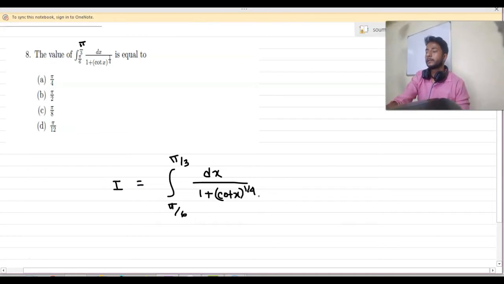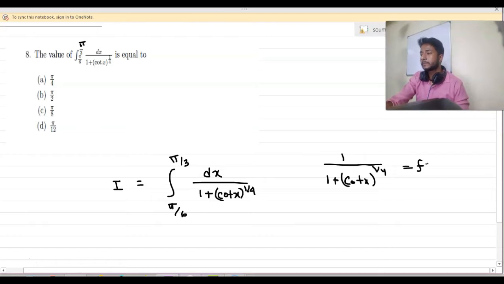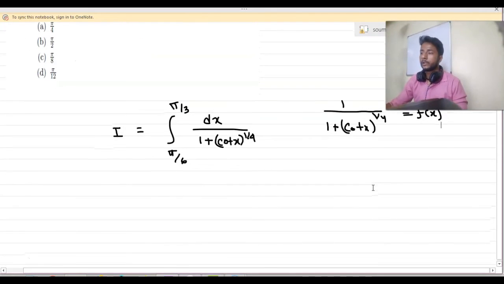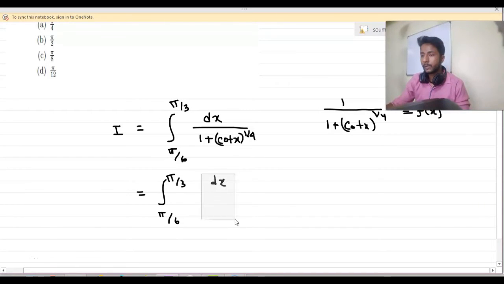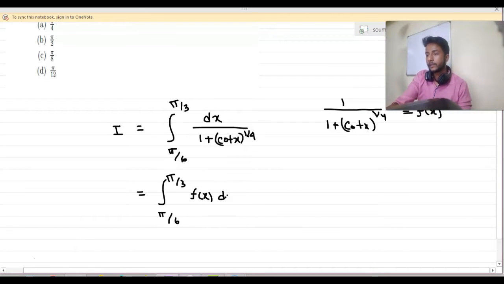And I am calling 1 upon (1 plus cot x) whole to the power 1 by 4 as f(x). So we are going to integrate pi by 6 to pi by 3 f(x) dx.